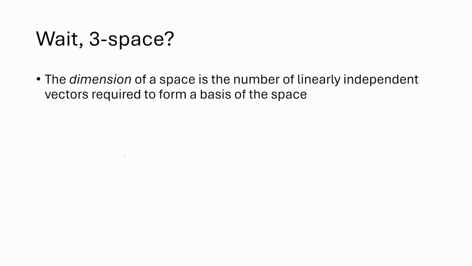So I said this 3-dimensional space thing, and I've said dimension a couple times today. Formally speaking, the dimension of a space is the number of linearly independent vectors you need to form a basis of that space. If you're in 3-dimensional space, you need three independent vectors in your basis in order to describe any other vector in that space.